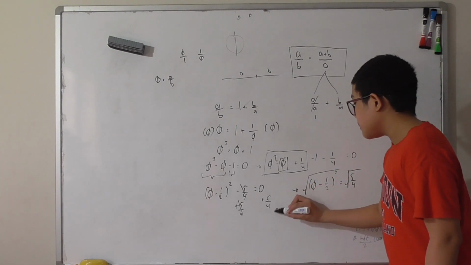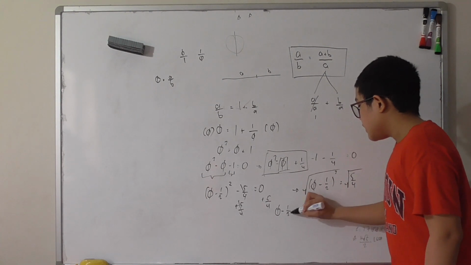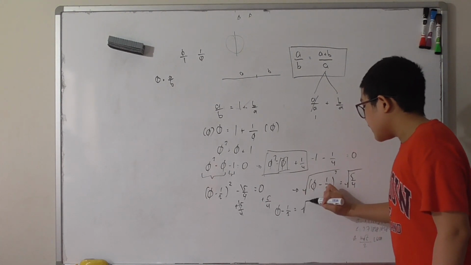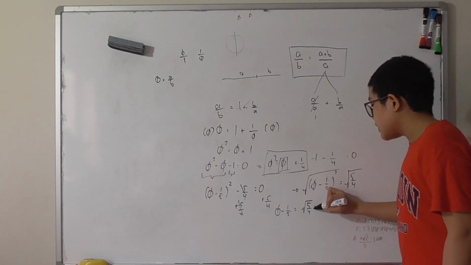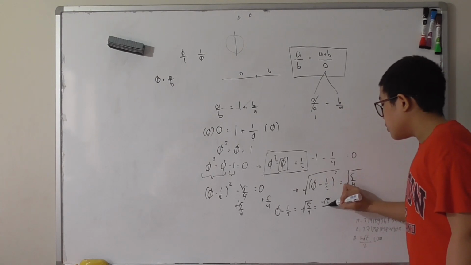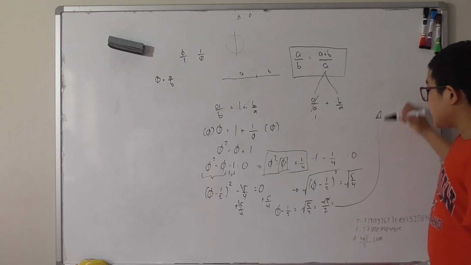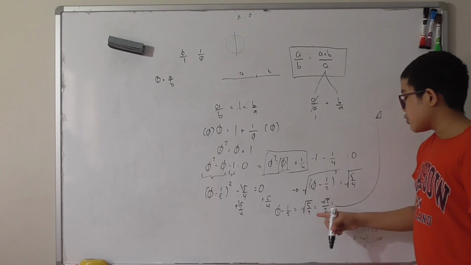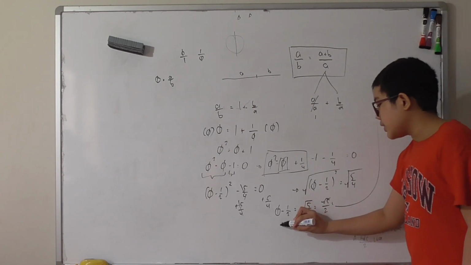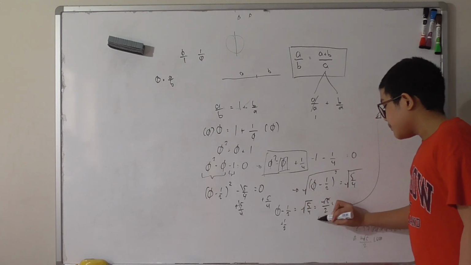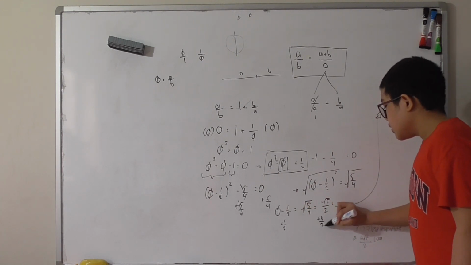So you get that phi minus half is equal to square root of 5/4, which is basically square root of 5/2. I'm going to drag the equation up here. So then, phi minus half is equal to square root of 5/2. Let's add half to both sides. So what do we get?